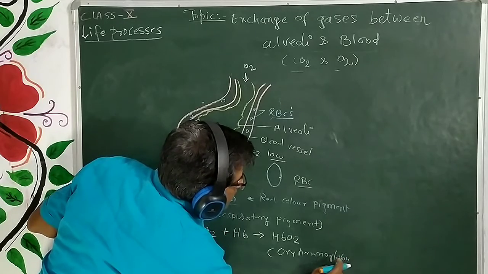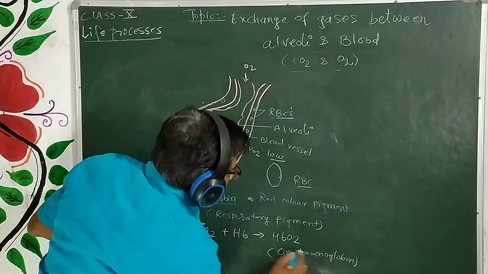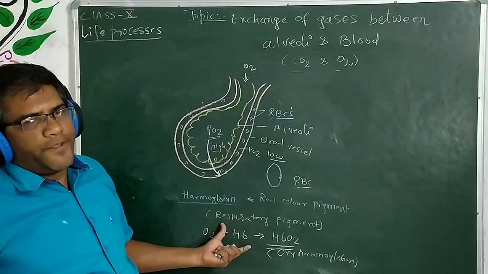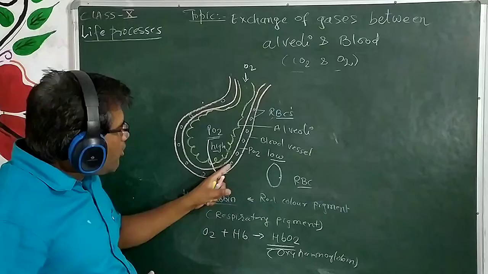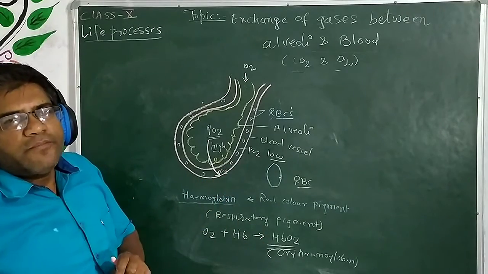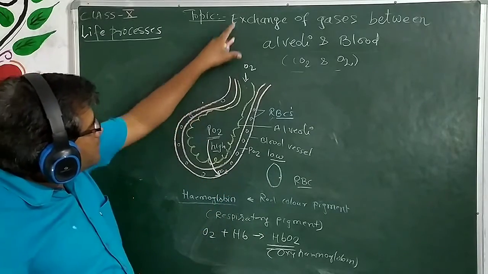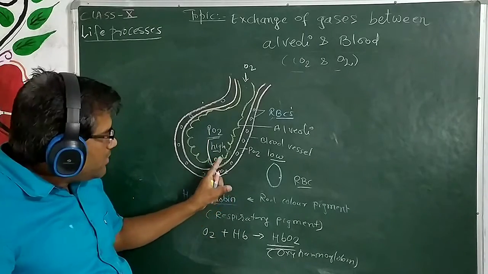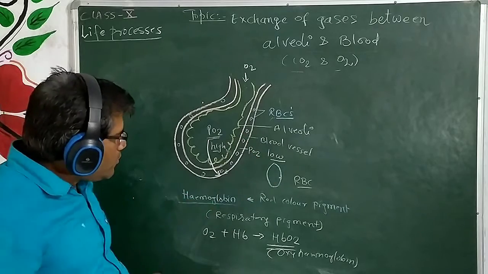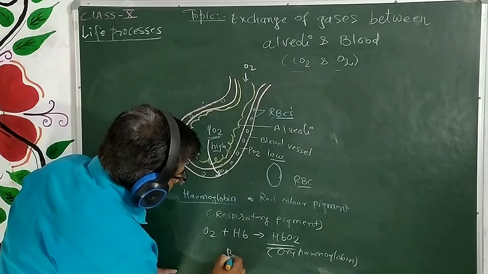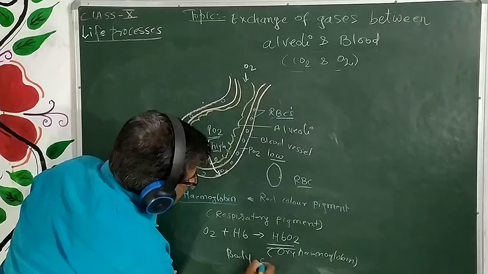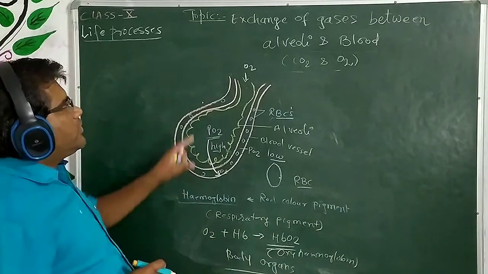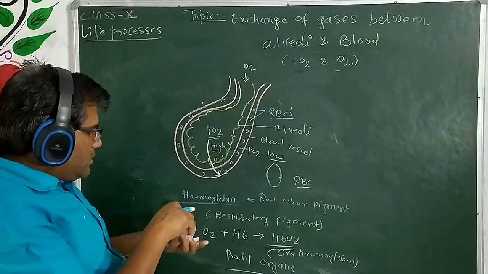In this form, oxygen is transported to different parts of the body along with the blood. So this is the transport of oxygen from the alveoli to the blood vessel, to the blood, and then to the body organs. So this is the exchange of oxygen.